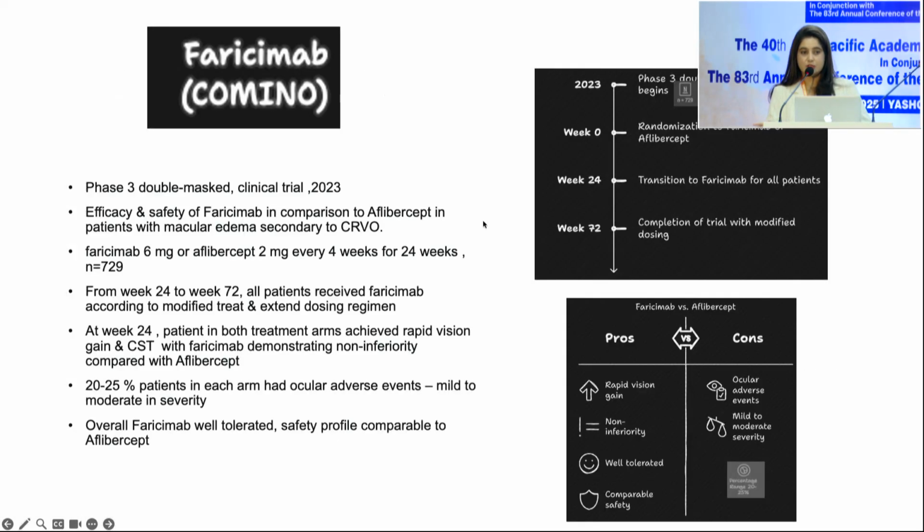Compared to this is a new study which just happened in 2023, which is on faricimab. It was the Comino study, a phase 3 double-masked clinical trial. What they studied is the safety and efficacy of faricimab in comparison to aflibercept in patients with macular edema secondary to CRVO.